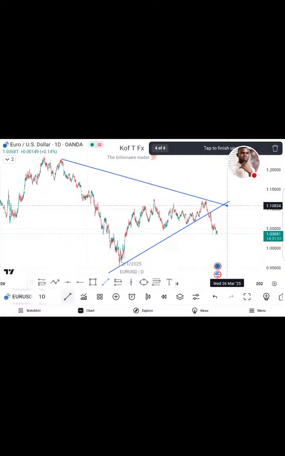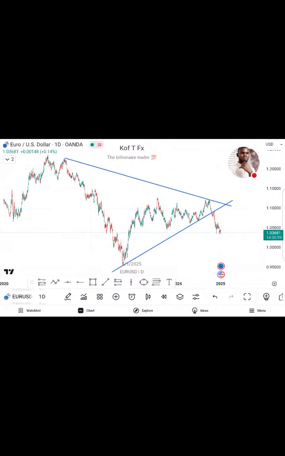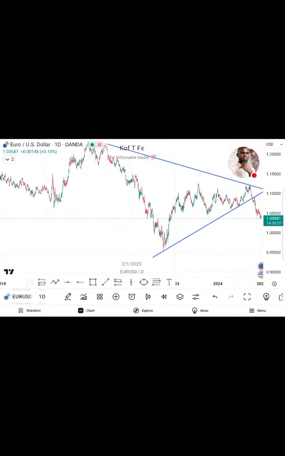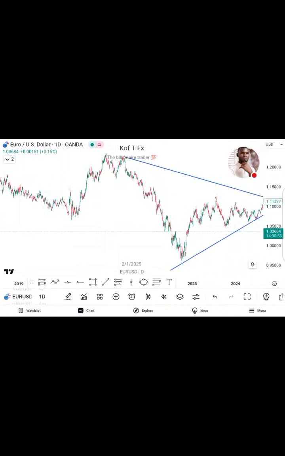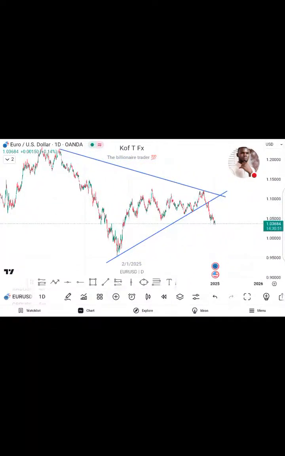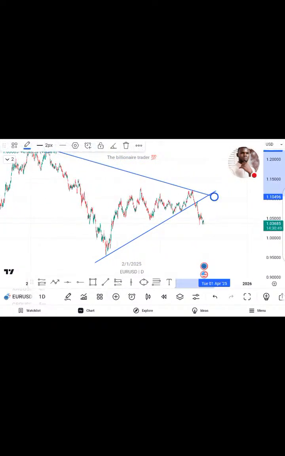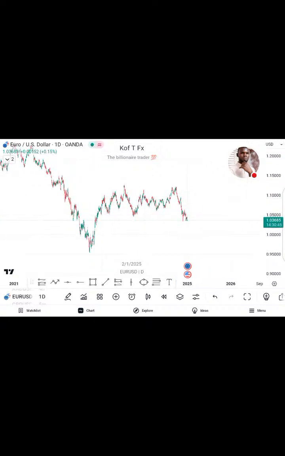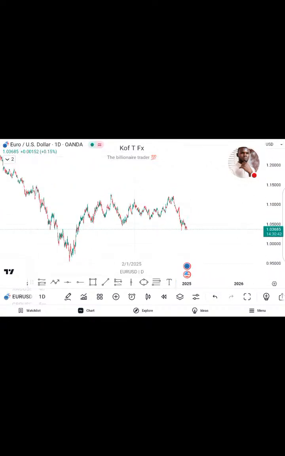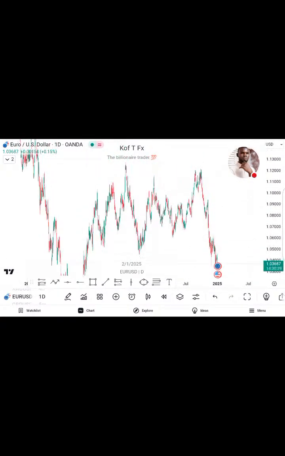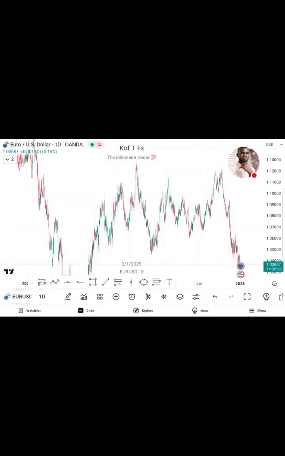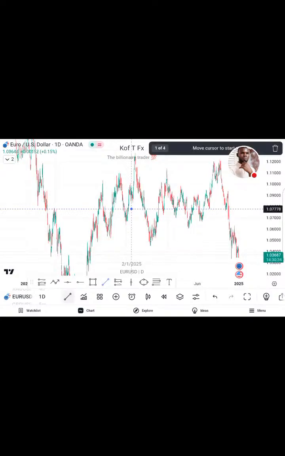It is a continuation pattern. You can see, this is bearish. So this is it on the daily time frame. We have this break of structure here.